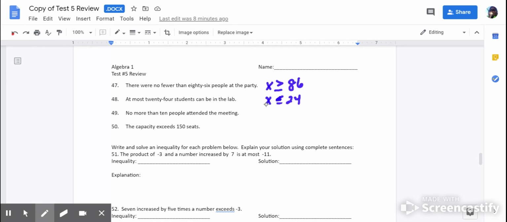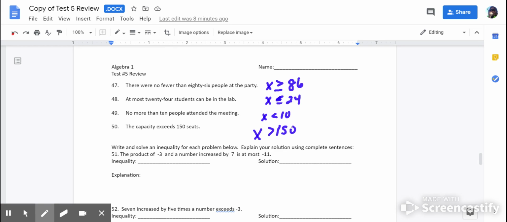So it'll be x is less than or equal to 24. No more than 10 people attended the meeting, which means x was less than or equal to 10. And the capacity exceeds, meaning it's higher than 150, so x is greater than 150. These last few are just the word problems that go along with inequality.